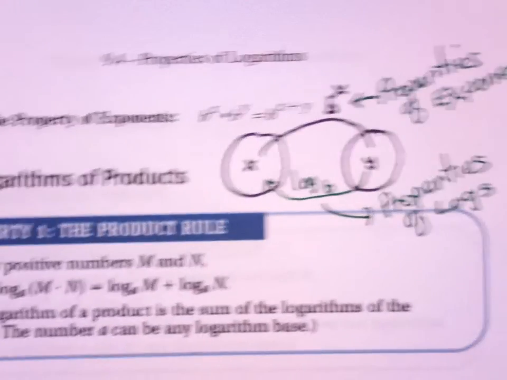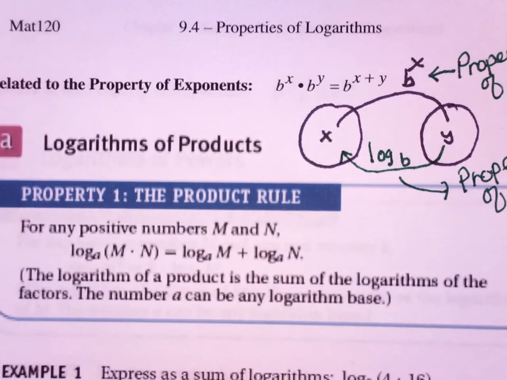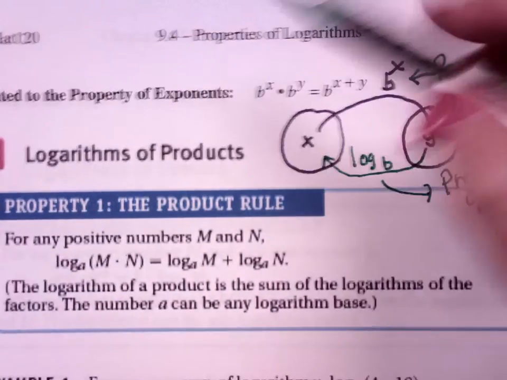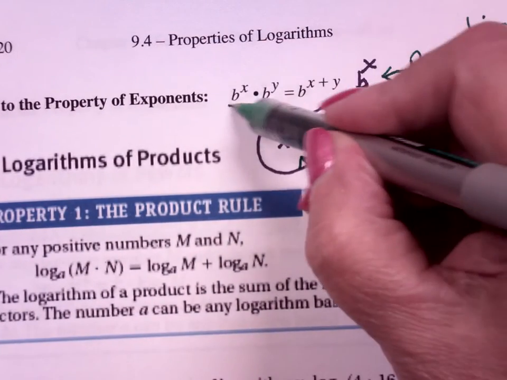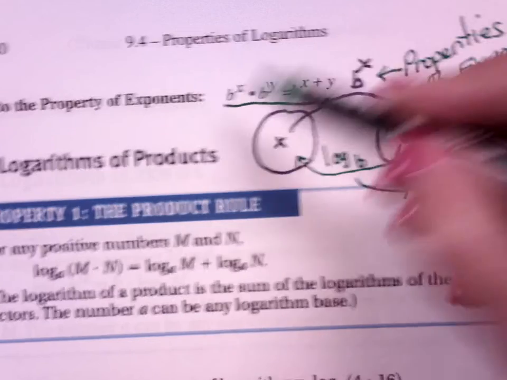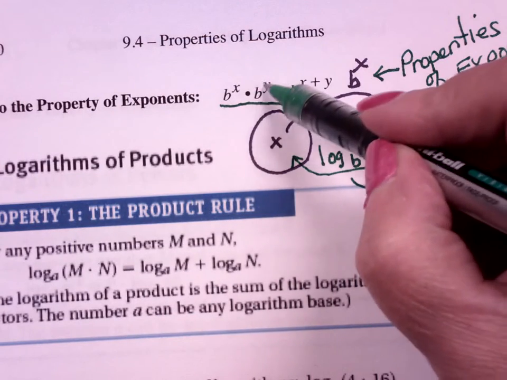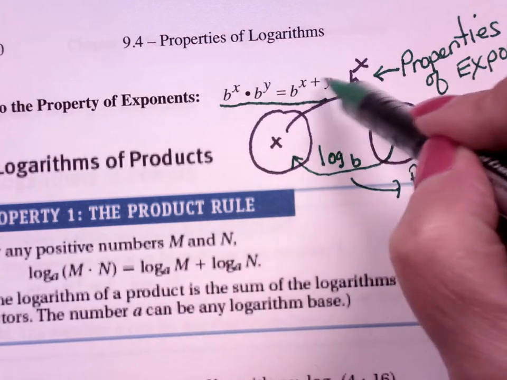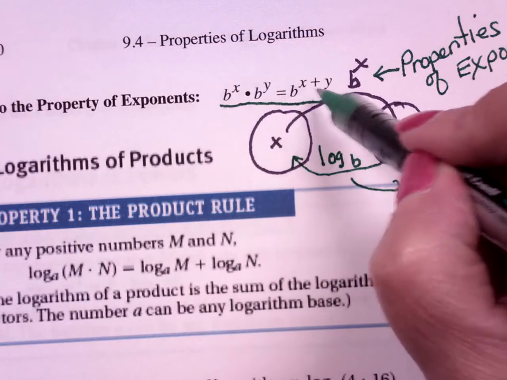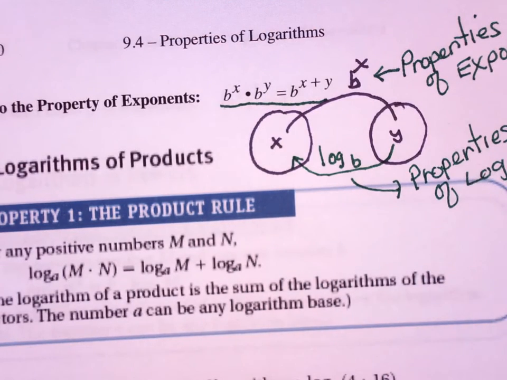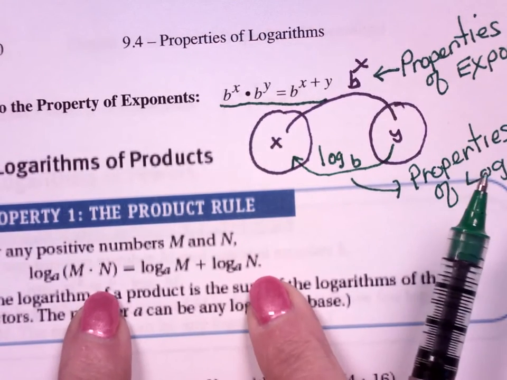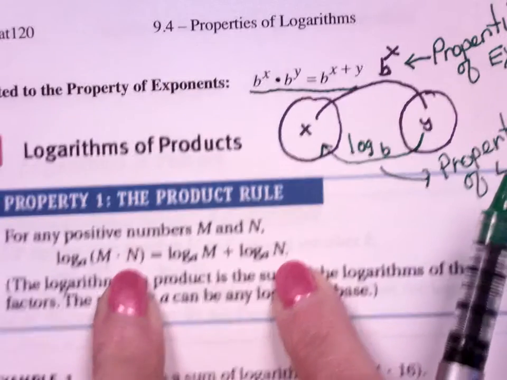So the first thing we're going to take a look at is what we call the product rule. The product rule is related to the property of exponents that says that b to the x times b to the y equals b to the x plus y. If the bases are the same, you add the exponents. This is the rule that brings it back so you land in the right place.